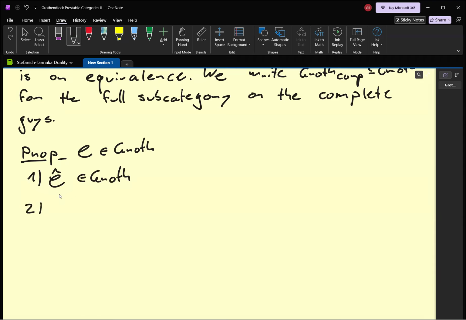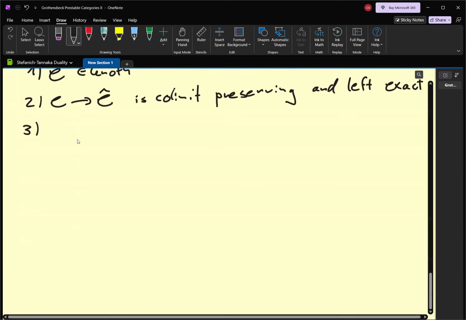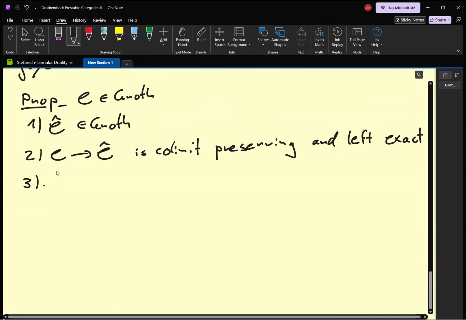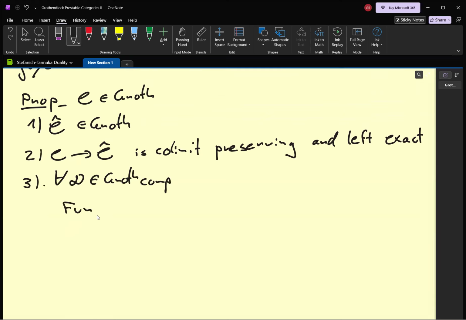The second thing is that this morphism here is colimit preserving and left exact. And third, now the next thing actually makes sense. For every D in Groth comp, we now have a map from here to here.